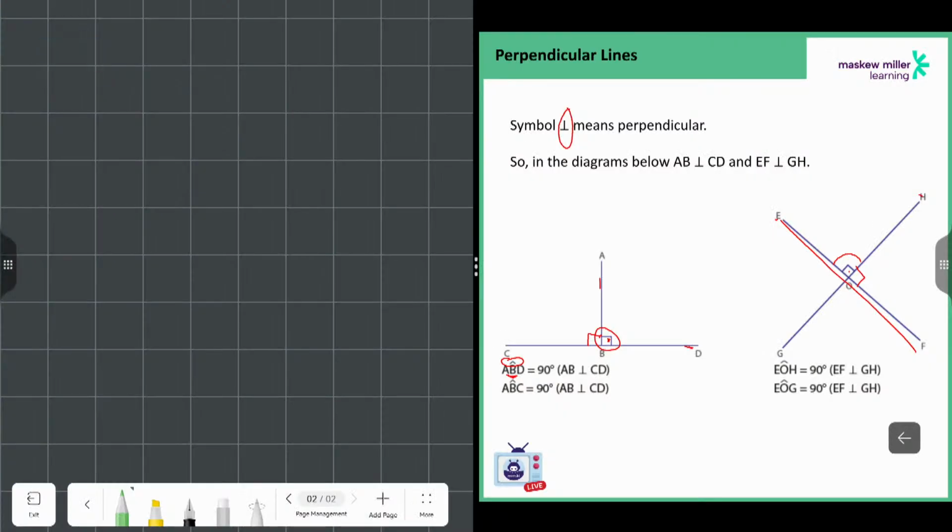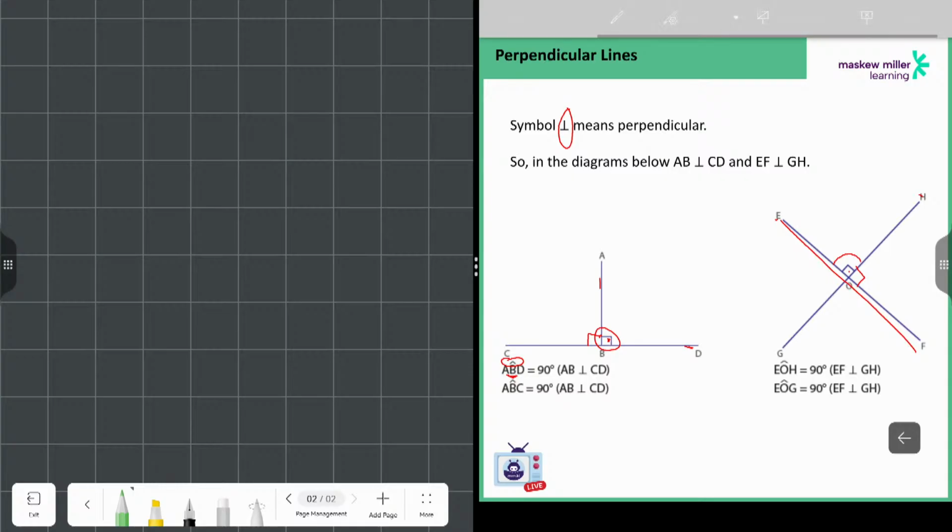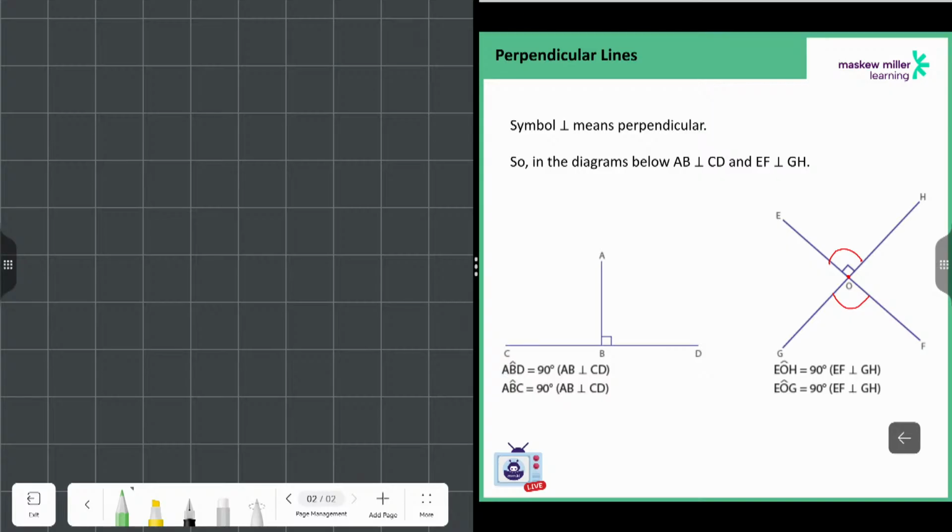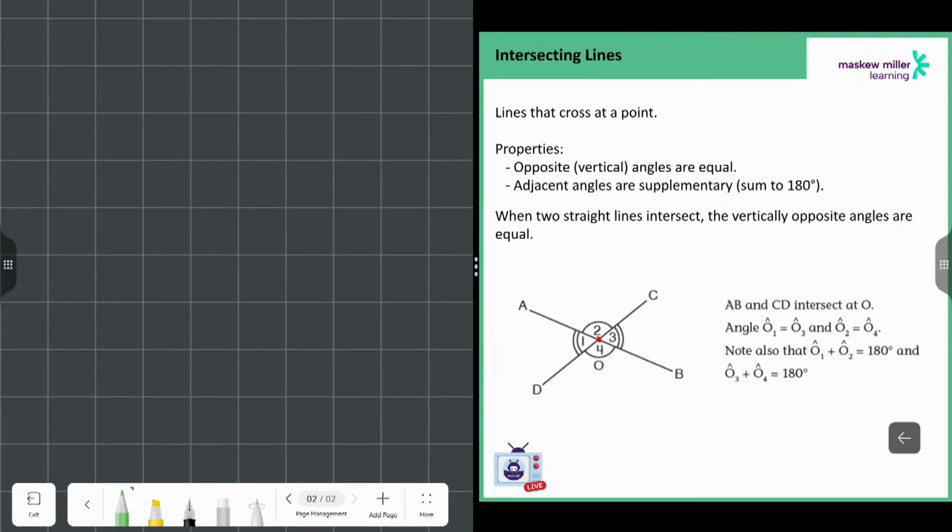You can see that we're also intersecting here. Let me show you. They are also intersecting here, right? You see that point. So that simply means that the angle that I find here, which is angle EOH, will also be equal to the angle that I'll find here, which is angle GOF, right? So that is the vertical opposite angles that are made out of the intersecting lines.